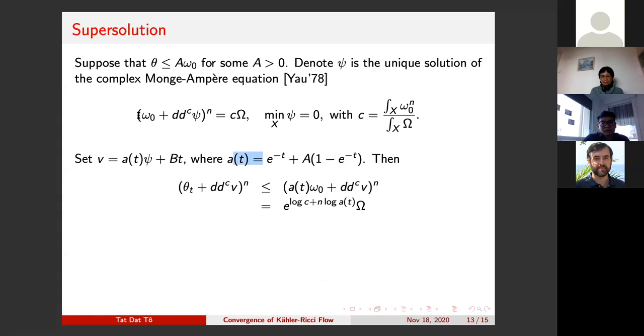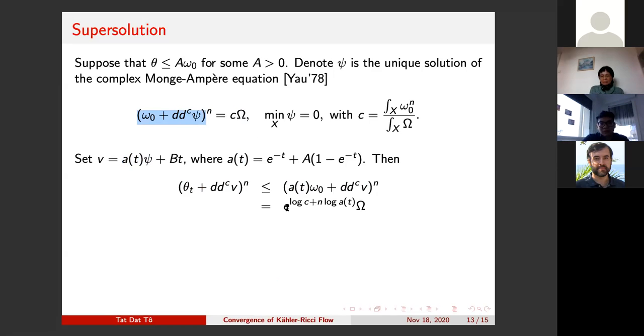Okay, so from this equation we have that, but here we have a coefficient for omega_t, and in v we have a coefficient a_t as well for phi, the solution. So it should appear like a_t to the power n times this term, and this term is basically equal to c times the volume form omega, smooth omega.